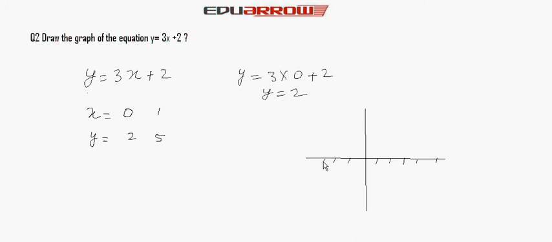Now x is equal to 0, 1. This gives the name P (0, 2), 0 for x and 2 for y, and the point Q is (1, 5). Plot this point on the graph paper.